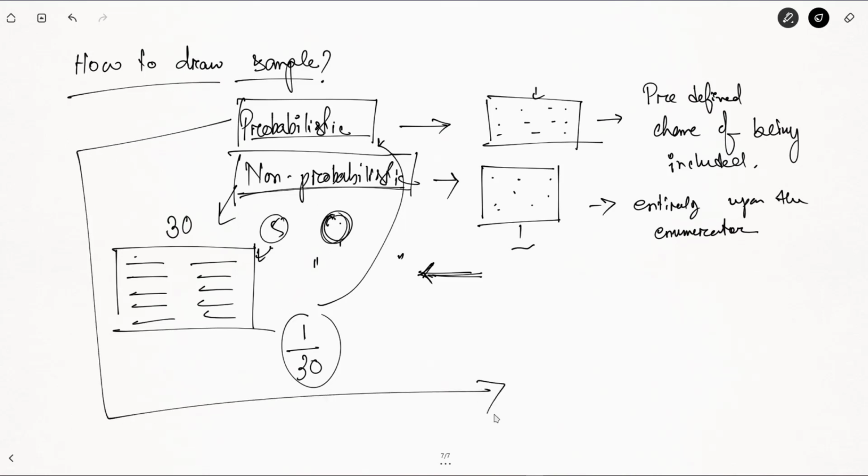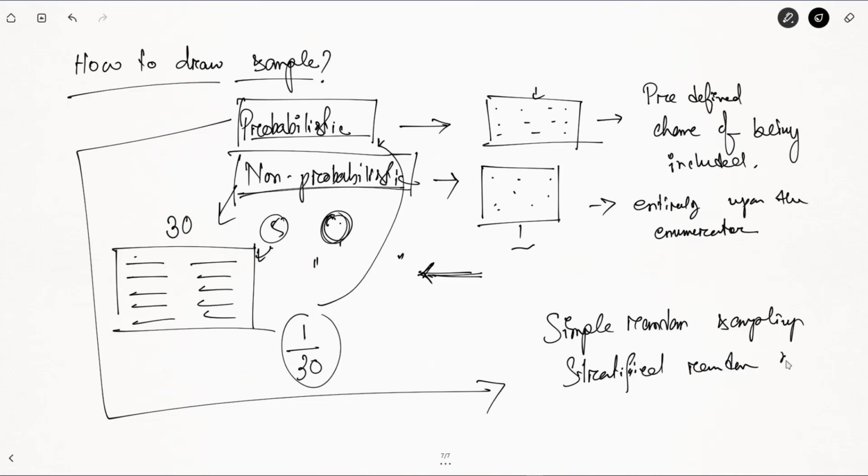Under the probabilistic method, the two most common methods are called simple random sampling and stratified random sampling. We will come back to these two topics later on.